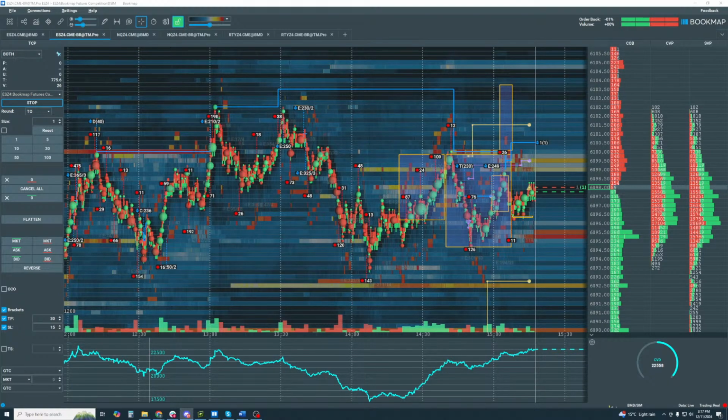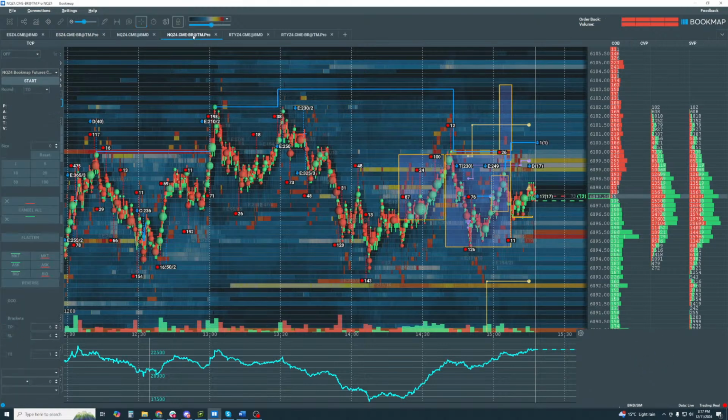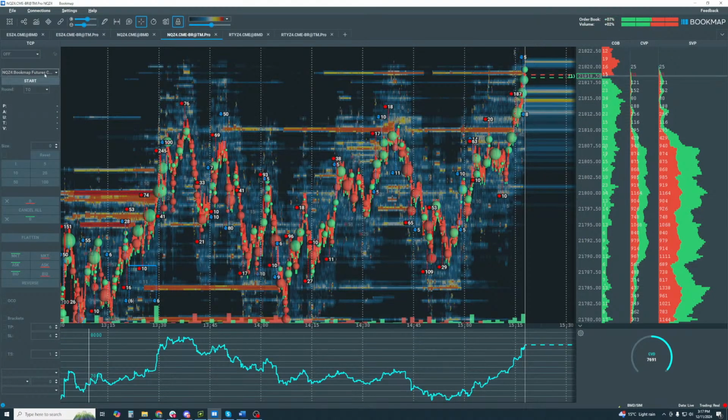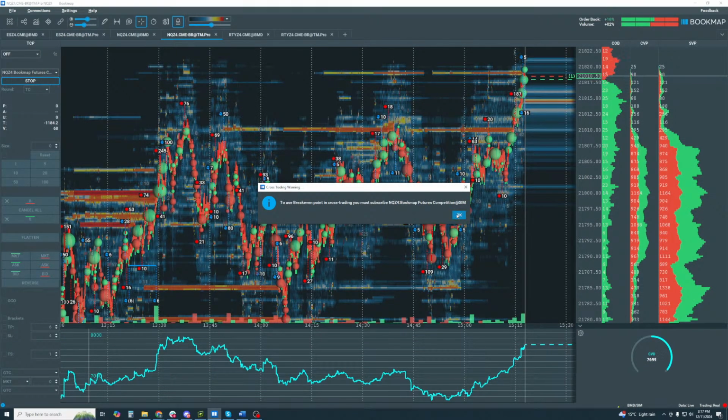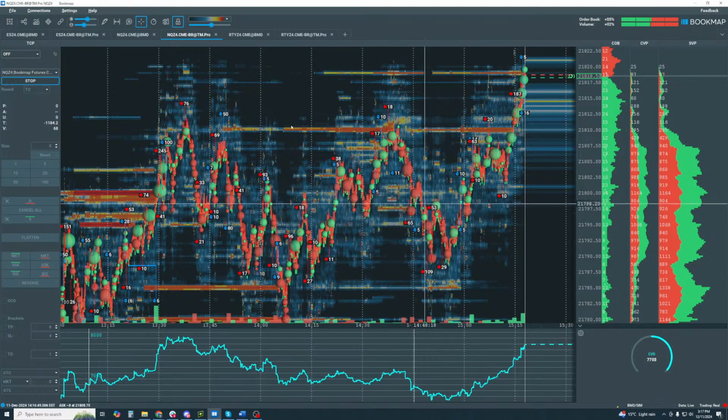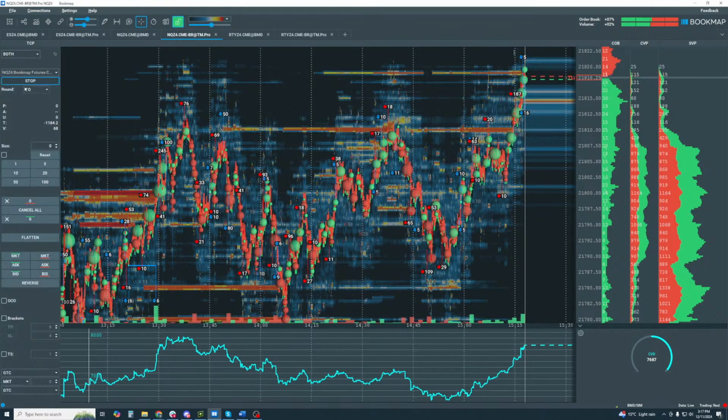Buyers pushing up in the NASDAQ. Okay. All right, let's jump over. I got a loss from yesterday carried over.